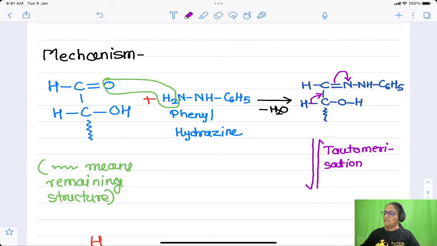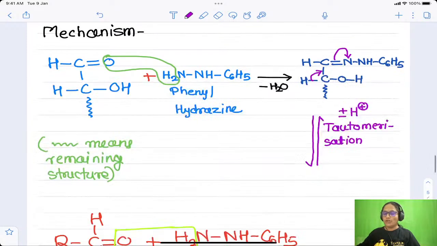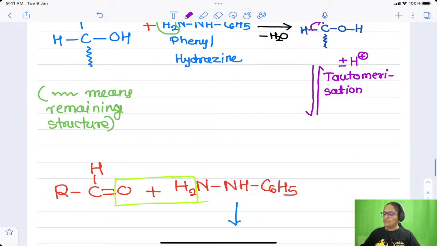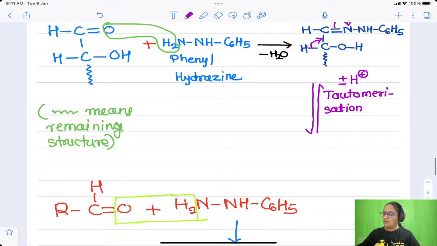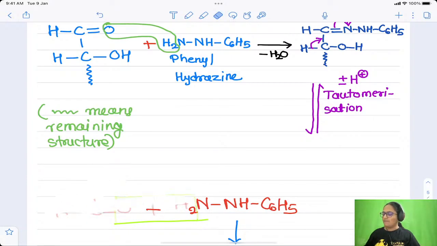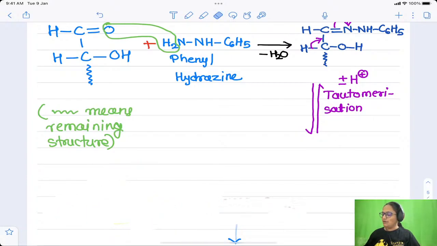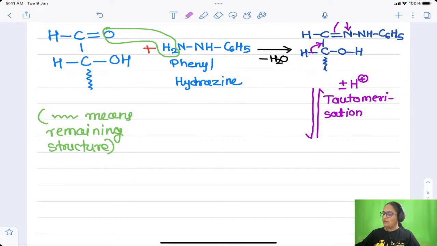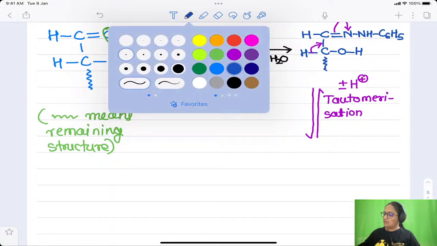So within the same molecule, hydrogen will be shifted from one position to another. So I will write on the arrow plus minus H plus. Proton is transferred from one position to the other. So let me write down what we are getting after this, after the transfer of proton from one place to the other.